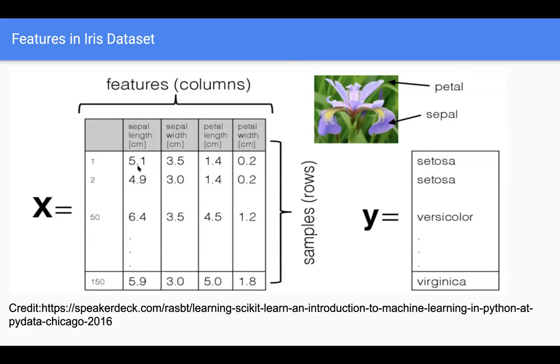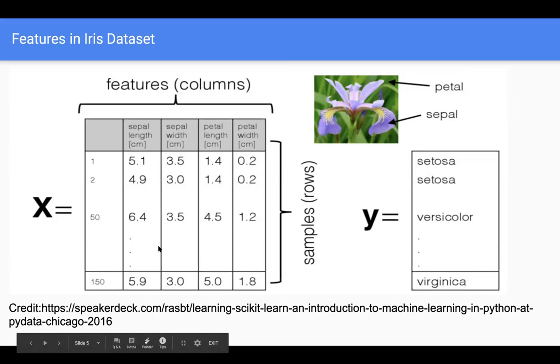But if we are talking about an unsupervised machine learning technique, then we won't have the Y labels associated with it. We will be provided with only X. That's just a recap of supervised and unsupervised with respect to this example.